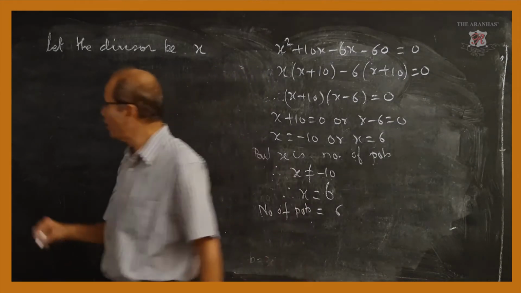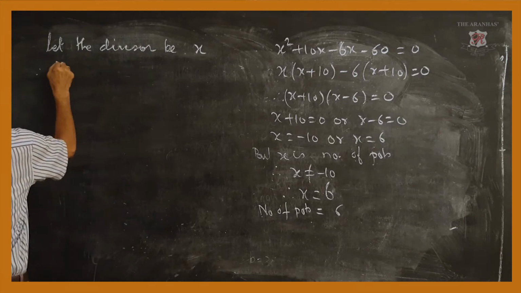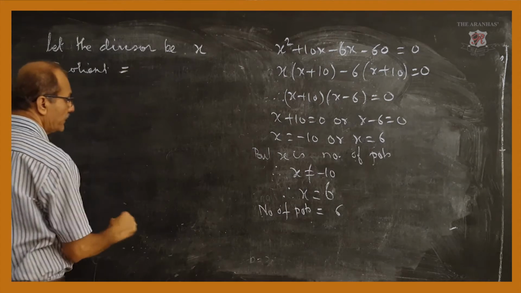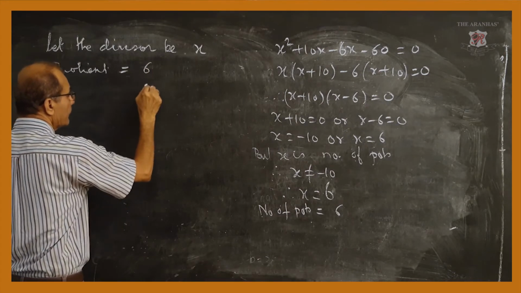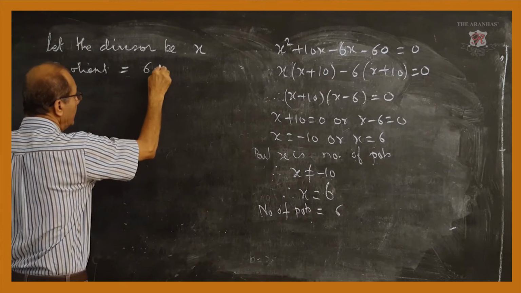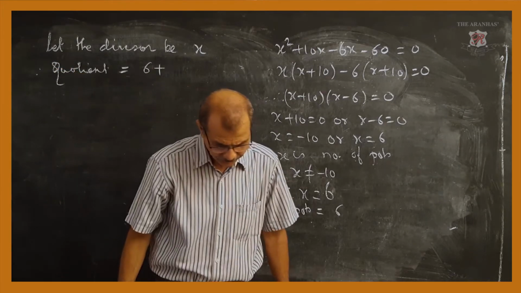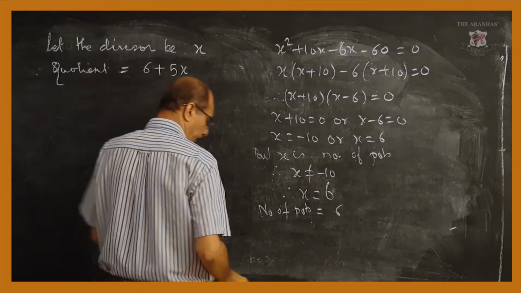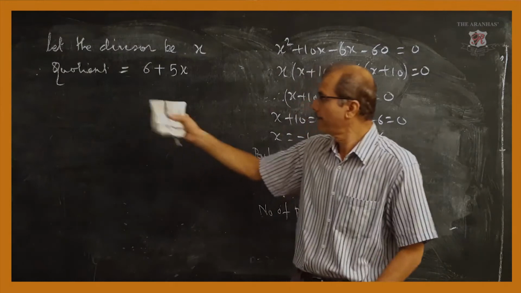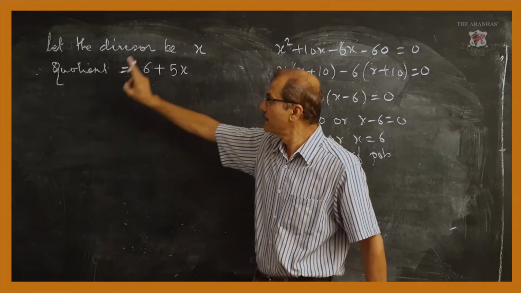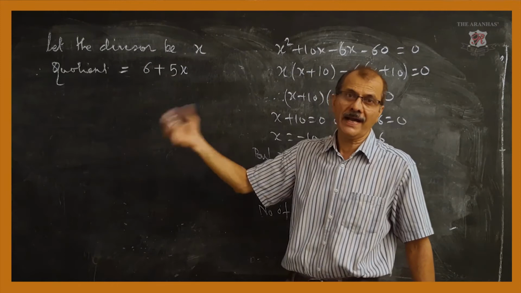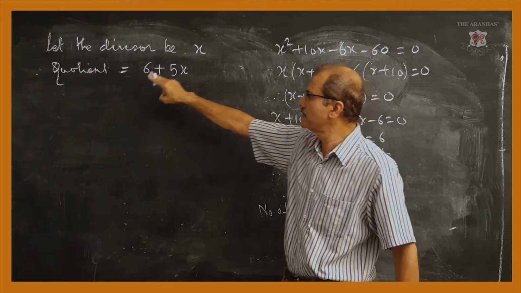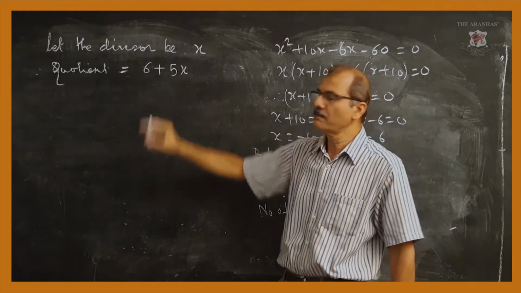So how is the quotient? 6 more than 5 times the divisor. Is this clear? 6 more means you have to add 6 plus 5 times the divisor, so 5x. So 6 plus 5x is my quotient.